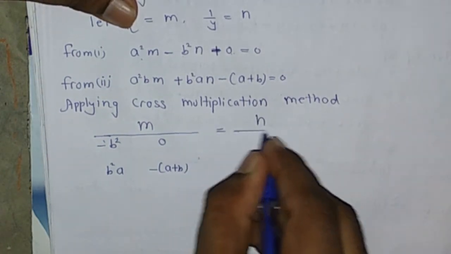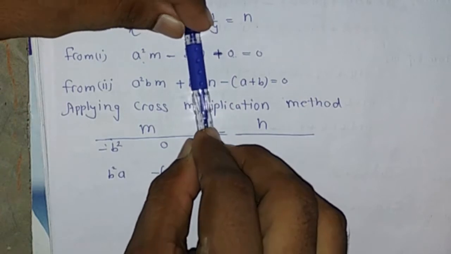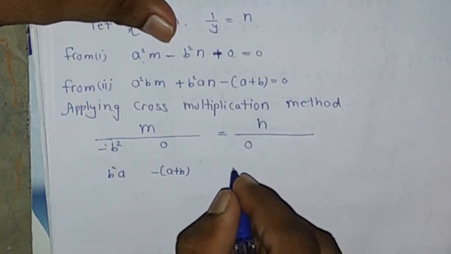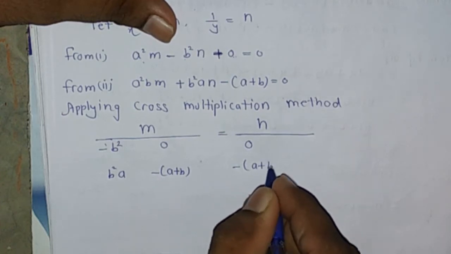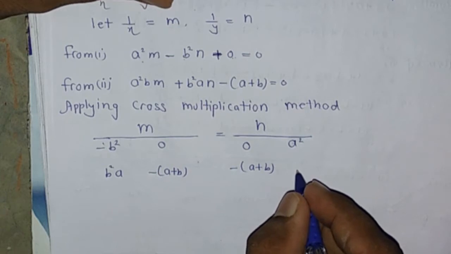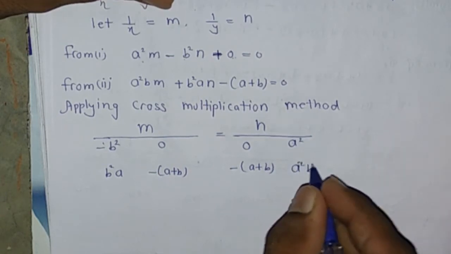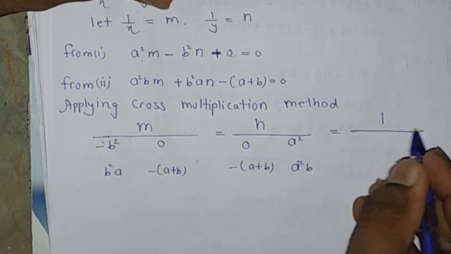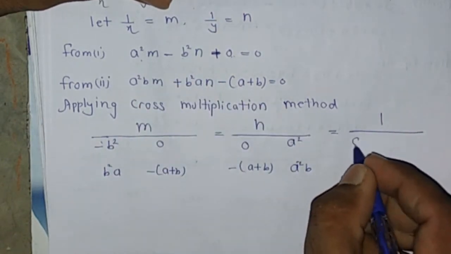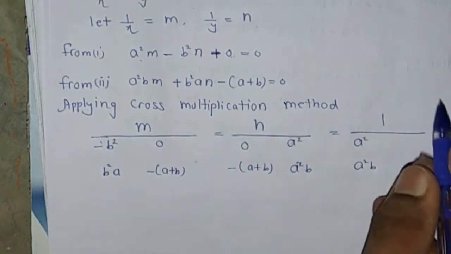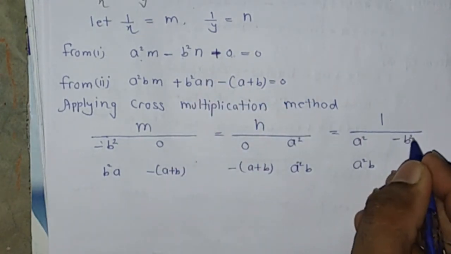Now n by, hide the coefficient of n: 0, minus a plus b means C1, C2, then a square b, coefficient of m, 1 by coefficient of m and coefficient of n.